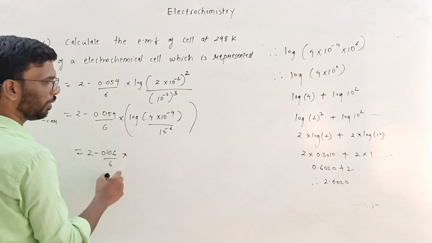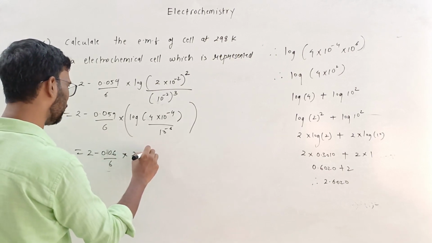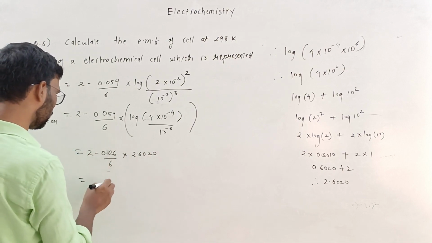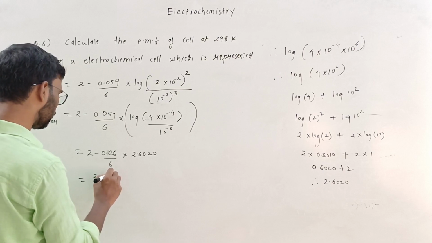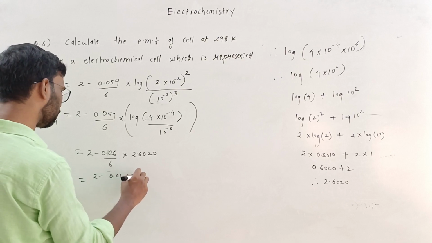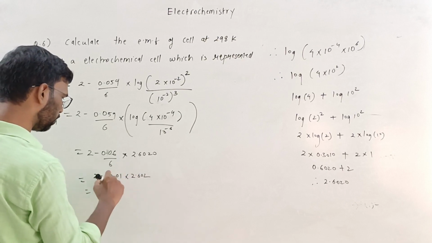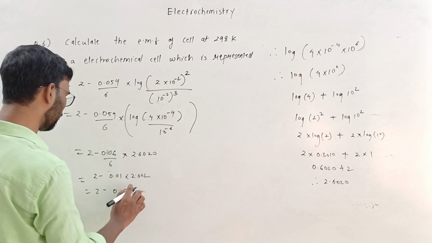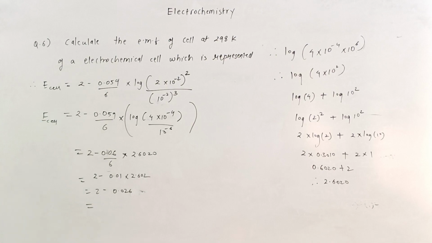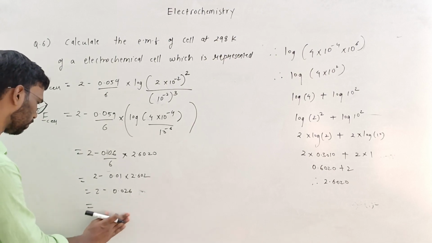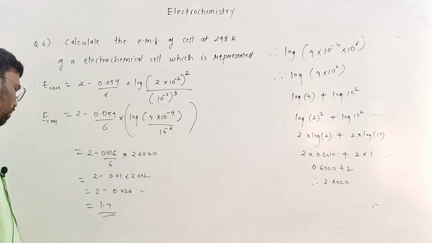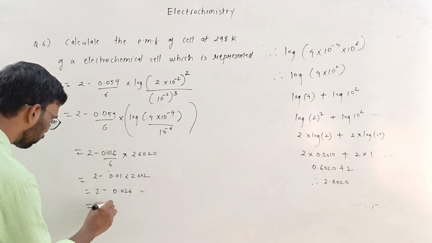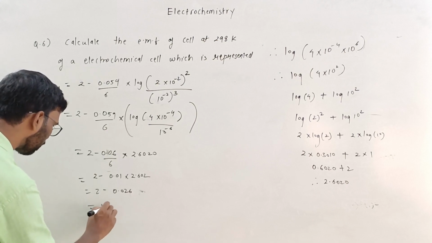So this answer, 2 minus 0.01 into 2.6, that is 0.026. The answer comes to 1.97. Sorry, 1.97, yes, correct. This is 1.97 volt.